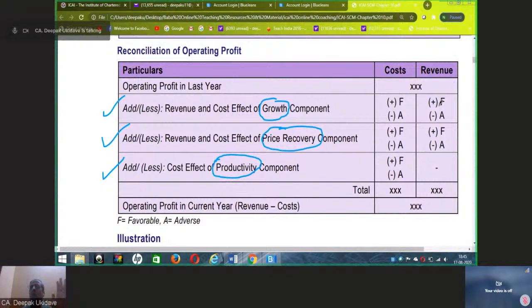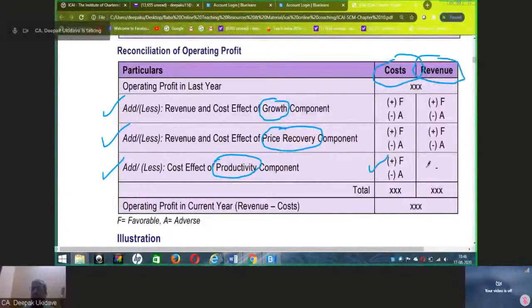So you have the growth component divided into two parts, cost effect and revenue effect. All of you are clear on this. The price recovery component is again divided into two parts, cost effect and revenue effect. And productivity is again only one part, and that is cost effect.